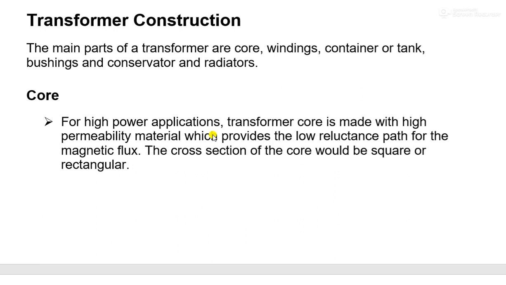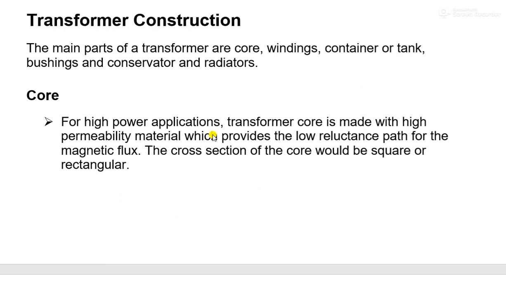The main parts of a transformer are the core, which is also called the transformer core, and windings, primary and secondary, a tank or a container, and bushing, conservator and radiators.